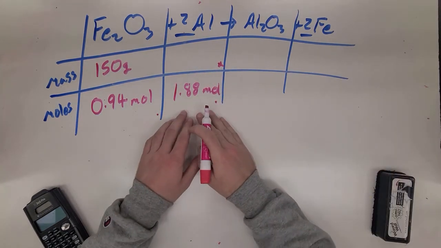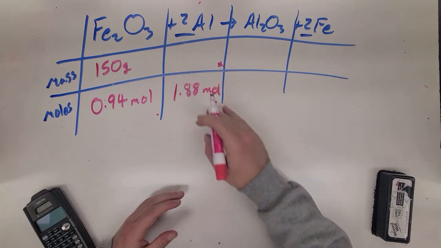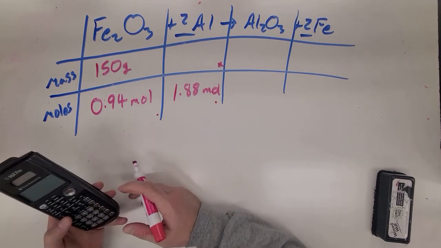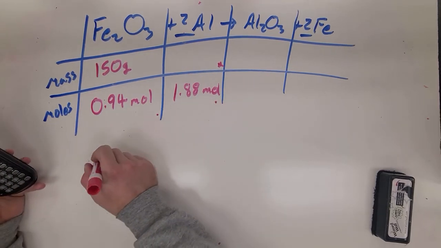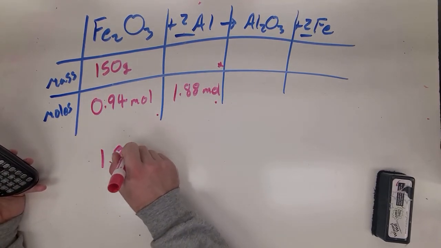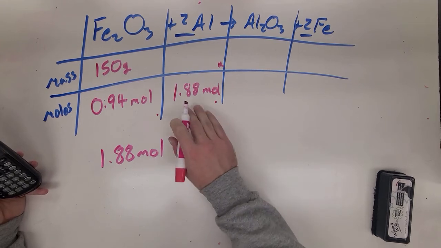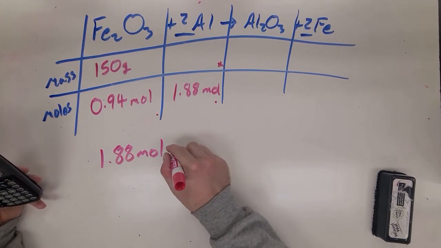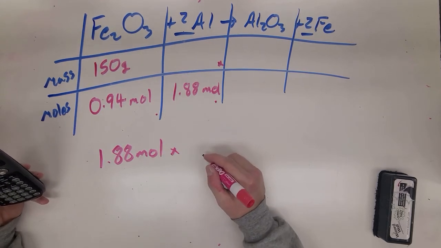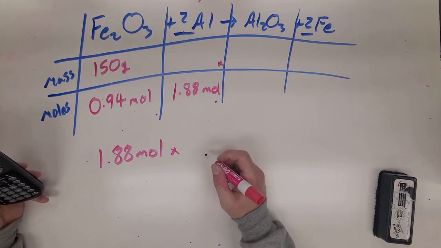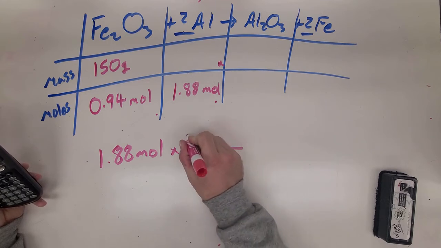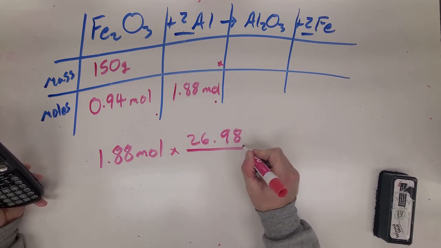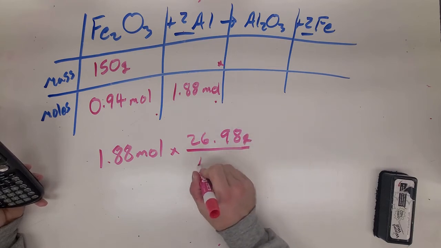Okay, once you figured out the number of moles here, we can then go and figure out the mass of aluminum that would be necessary for this chemical reaction. So to do that, we take the number of moles of aluminum that we would take to get this reaction to completion, multiply that by another unit conversion factor that would include the molar mass of aluminum, which is 26.98 grams per mole.